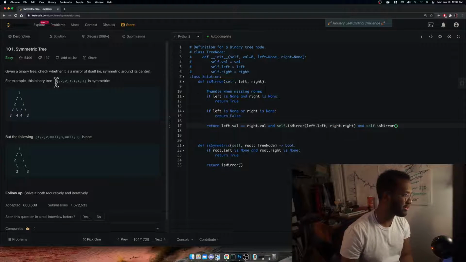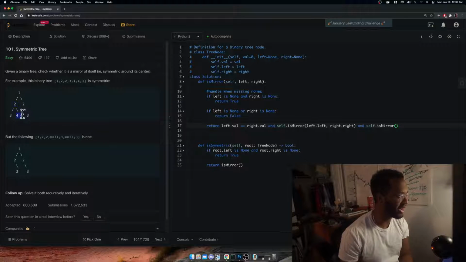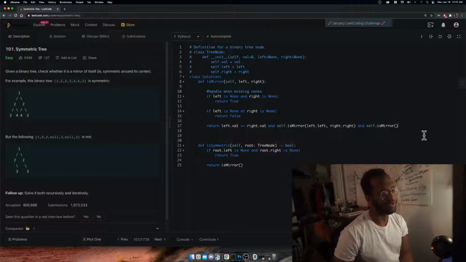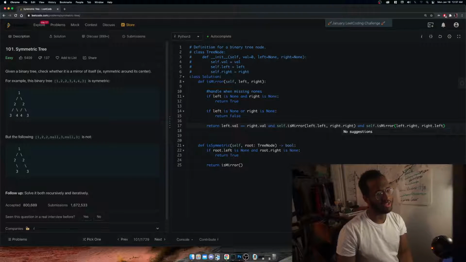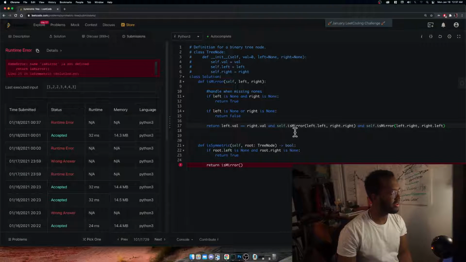And to make sure the rest is symmetrical, we want to make sure that the left node's right node is the same as the right node's left node. Just to say it again, the left node's right node is the same as the right node's left node. And so we can run this here.